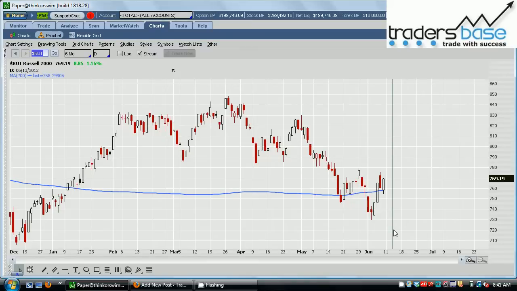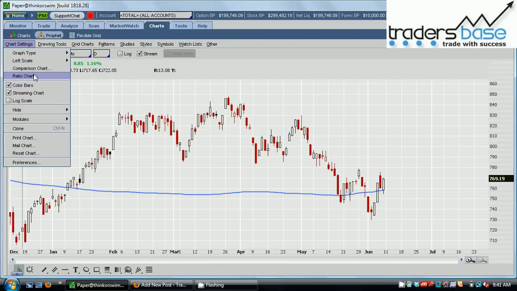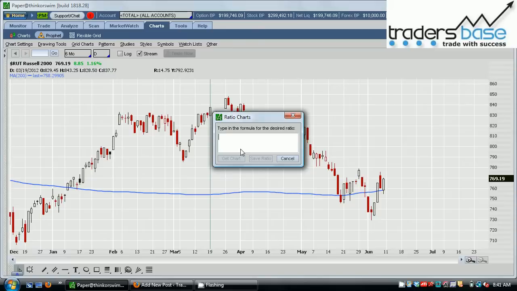So what we do is a ratio chart. If I want to see how the S&P 500 is behaving relative to the Russell 2000, there's a tab that says ratio chart, and you do it like this. You do SPX, which is the S&P 500, put it in parentheses, divided by RUT, which is the Russell 2000.